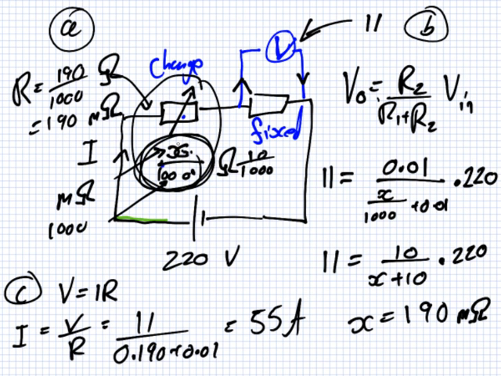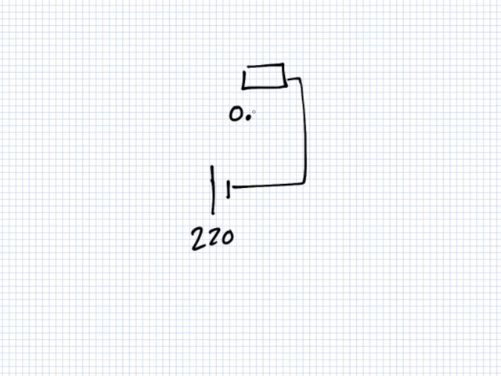Right, now, of course, I need to add one extra part to this question. So, let's draw this. This is our situation. Here we have 220. Here we have, well, we'll put in milliohms, 10 milliohms.